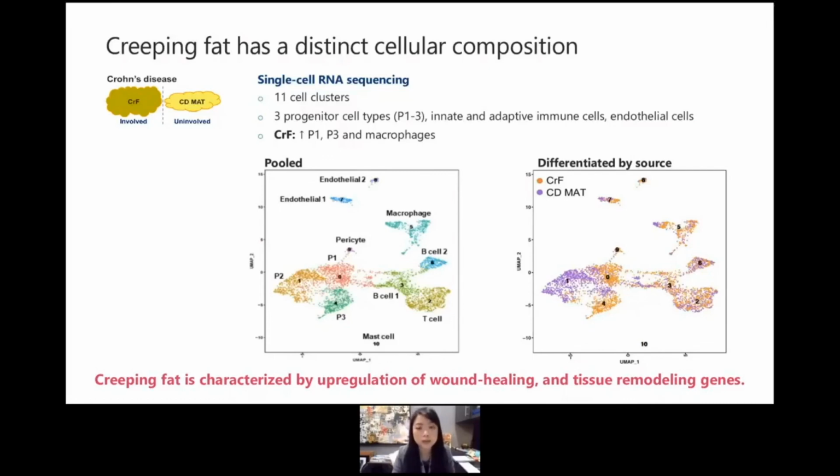And we also see a difference in the macrophage population. So there are a lot more macrophages in creeping fat compared to the other fat tissues. And at the transcriptional level, a lot of these cell types are actually upregulated in wound healing response, and there are a lot of tissue remodeling genes that are being upregulated in immune cells as well as these progenitor cells in creeping fat.